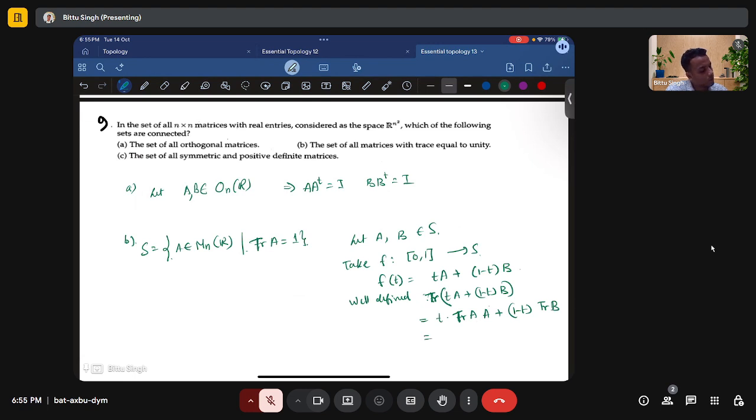And trace of A and trace of B both are 1. Therefore, this is t times 1 plus (1 minus t) times 1. So this is the same as 1.